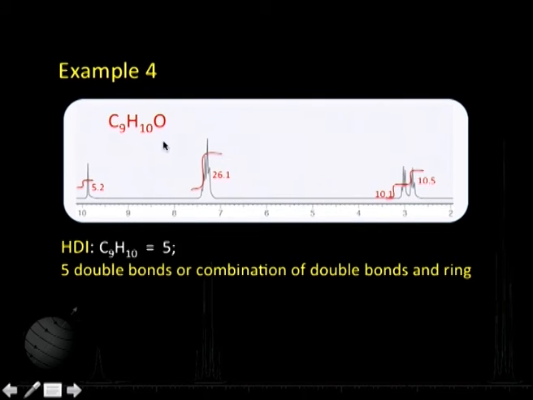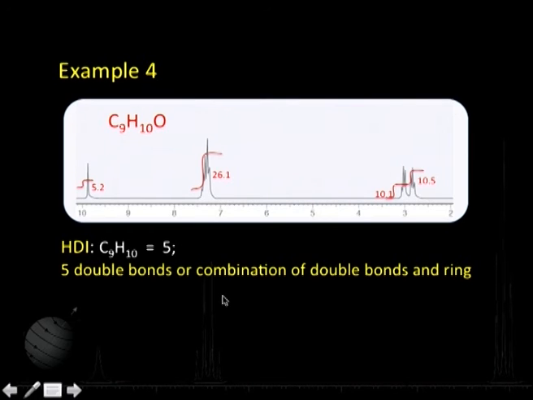It is C9H10, oxygen is not to be considered. So, 9 twos are 18 plus 2 is 20, I expect 20 hydrogens, but there are only 10. That means it is short of 10 hydrogens, and 10 by 2 is 5. So, the HDI for this molecular formula is 5.